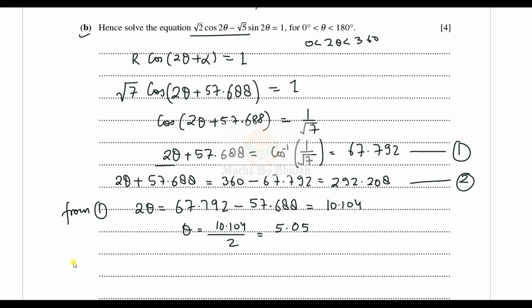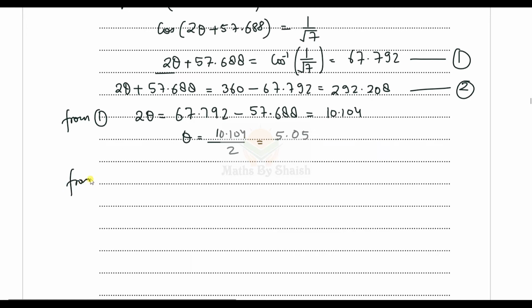From the second, because we have another angle, 2 theta is 292.208 minus 57.688, and it is coming 234.52, and hence theta will be 234.52 divided by 2, and it is coming 117.26.